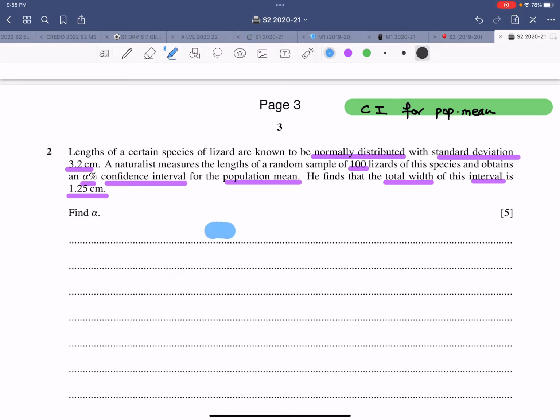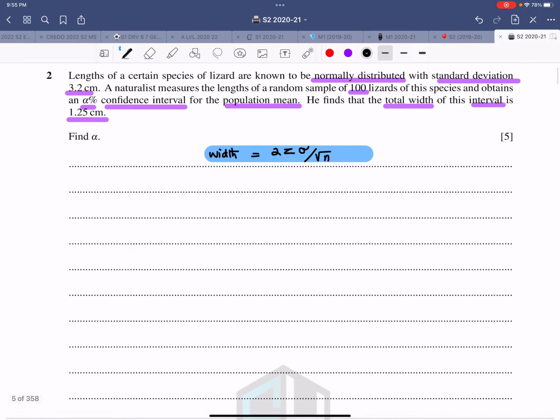So now the formula for width is 2z sigma over root n. You don't need the x bar. So width is 1.25 and 2 as it is, z is unknown, that will determine the percentage. Sigma is 3.2 divided by square root of n, that is square root of 100.